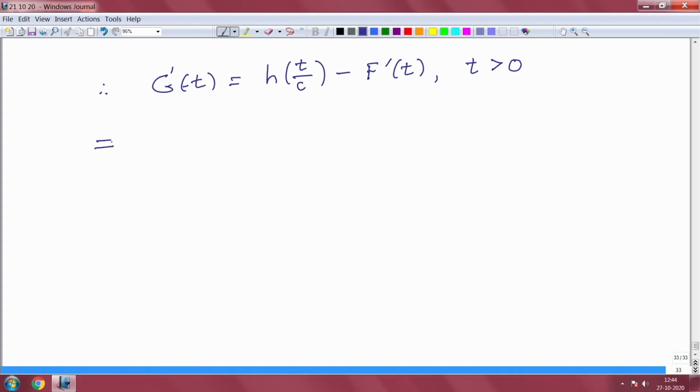So, we get g of minus t is equal to, let me write it, minus 0 to t h of s by c ds, this minus is coming because of that, and this I simply get f, and I just substitute the, again there is plus because of this minus.